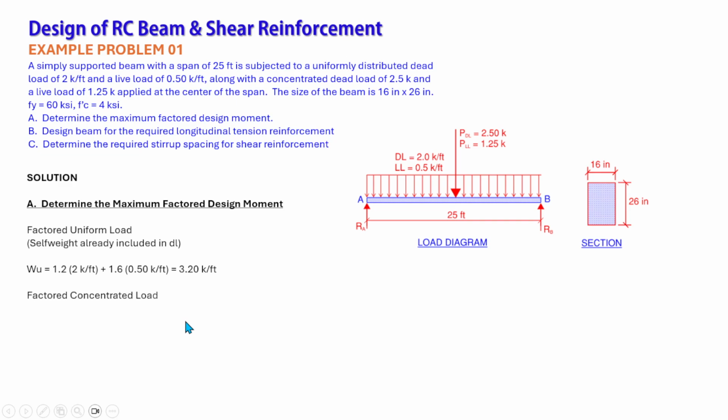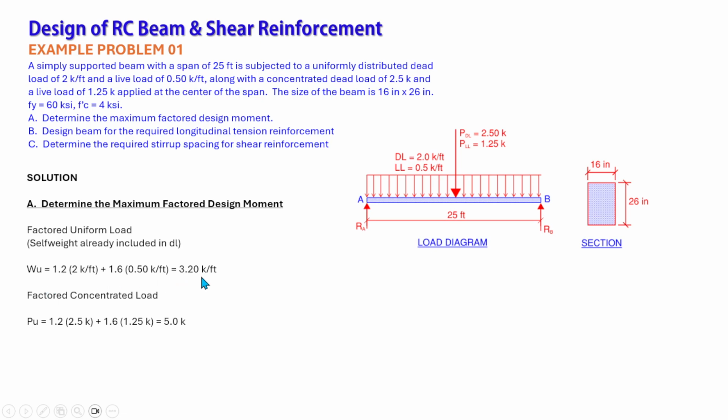The factored concentrated load, P sub U, is equal to 1.2 times 2.5 kips plus 1.6 times 1.25 kips, that is equal to 5 kips. So that is the factored concentrated load.